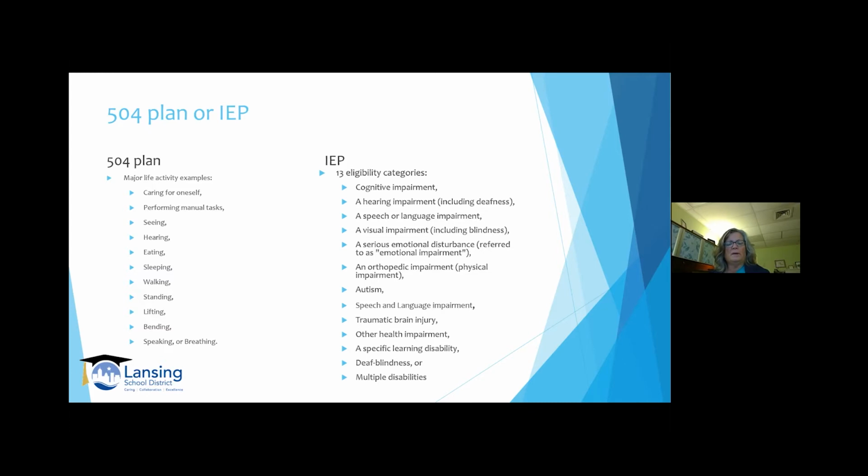Other health impairment, typically things that fall into other health impairment are things like attention deficit hyperactivity disorder, or things like asthma. There's a whole list of conditions that would qualify a student for eligibility for an IEP under other health impairment.